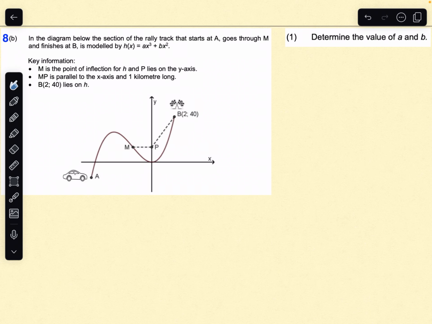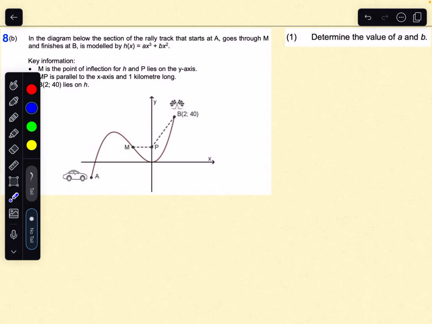Key information: M is the point of inflection for h and P lies on the y-axis. MP is parallel to the x-axis and 1 kilometer long. B (2, 40) lies on h. Determine the values of a and b.